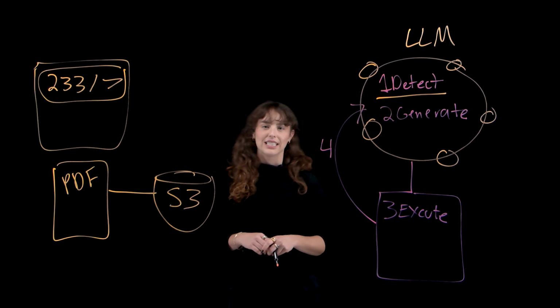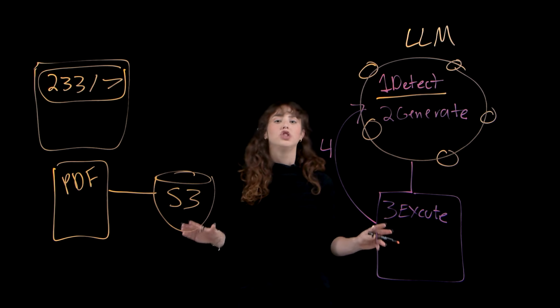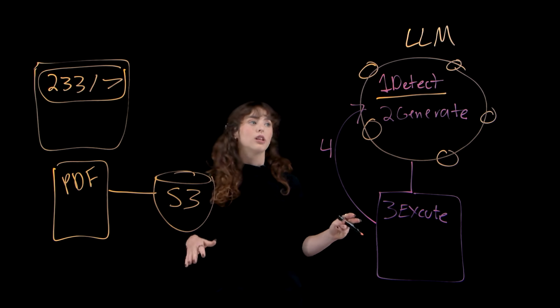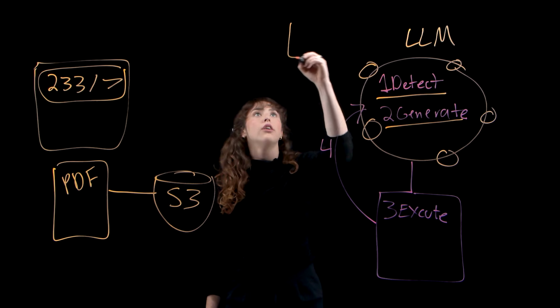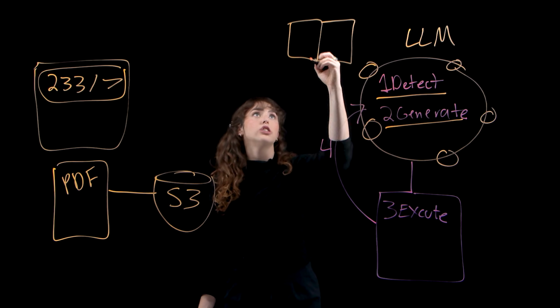Once the model has detected that a tool is needed, it then must generate a structured function call. And this is going to occur via calling on a function registry.